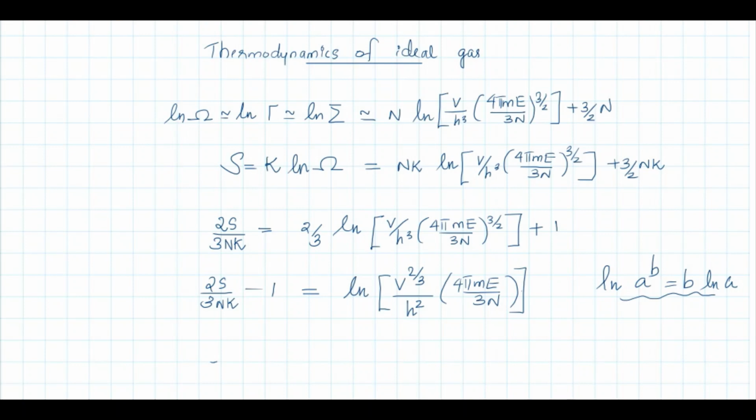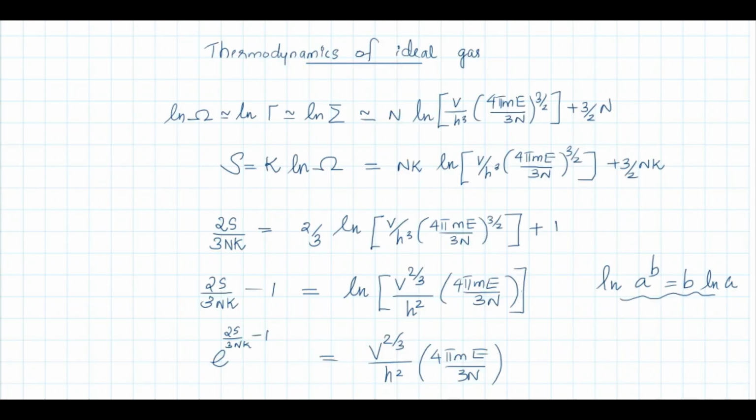Now take exponential on both sides. So e raised to 2S by 3 N k minus 1 is V raised to 2 by 3 by h squared into 4 pi m e by 3N. My aim is to write an expression for energy. So what is the value of energy?